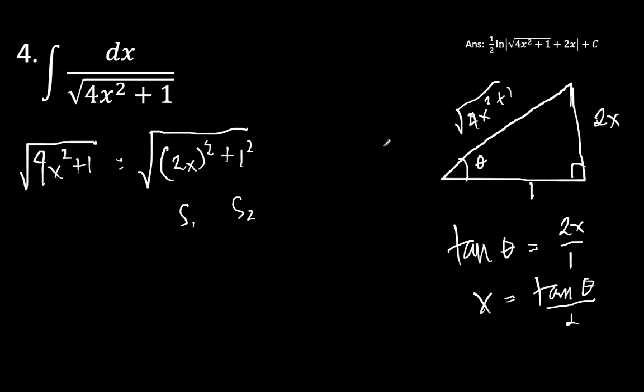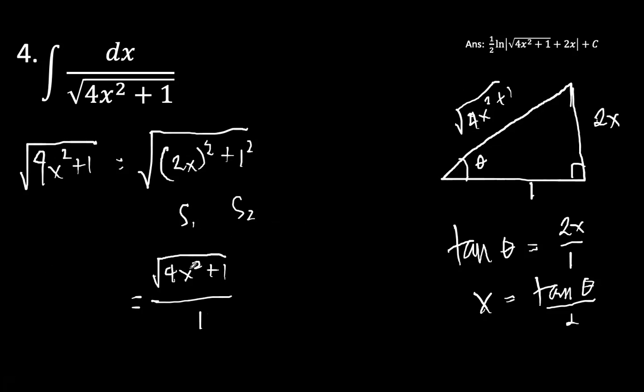Okay. And since we have dx in this expression, we need to find an equivalent expression of the square root of 4x squared plus 1 in terms of a trigonometric function using the constructed right triangle. So this is the square root of 4x squared plus 1 over the constant, which is 1.